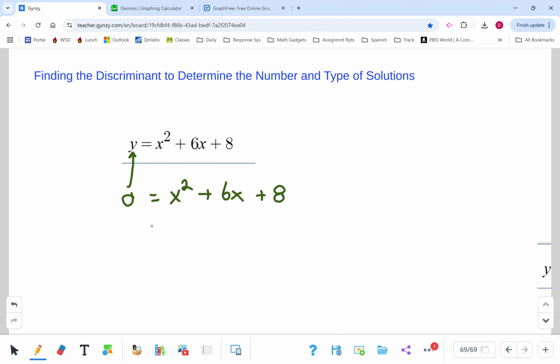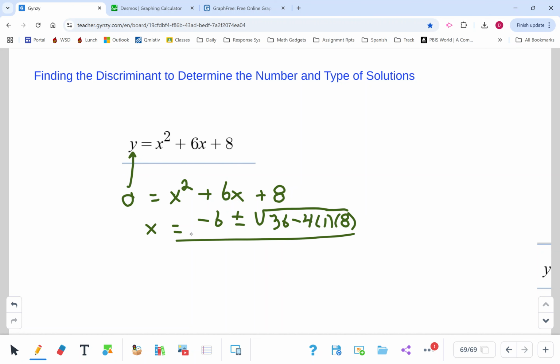If we were to solve this using the quadratic formula, we'd say x is -6 plus or minus the square root of 36 minus 4 times 1 times 8, all divided by 2. We need to figure out what's under the square root sign.